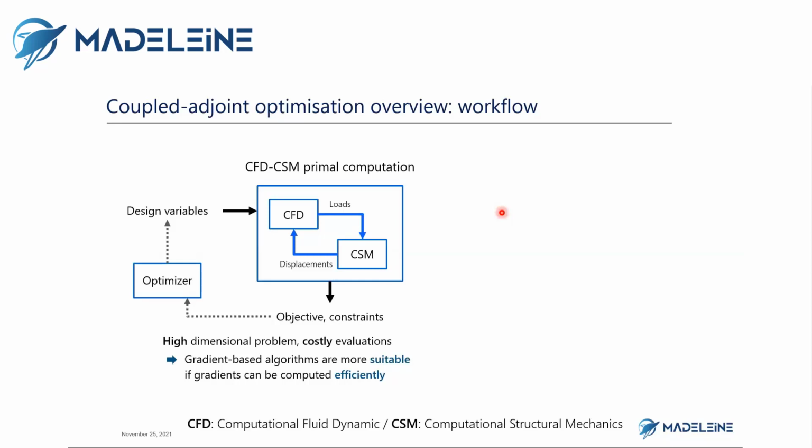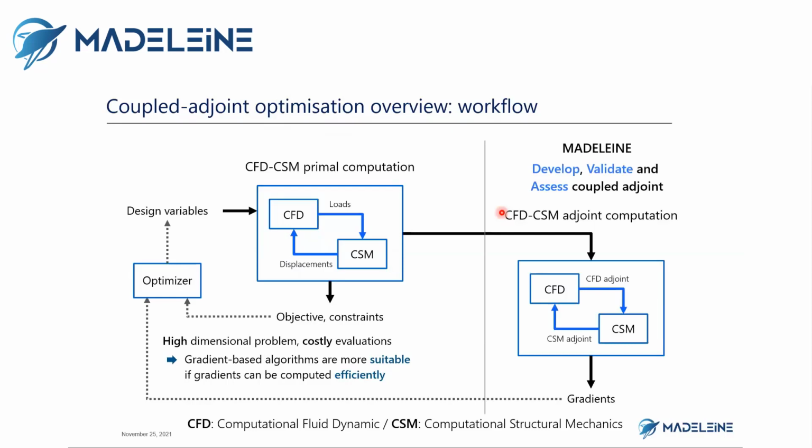So basically the coupling here is the aerostructural coupling, so we rely on both CFD and CSM solvers to derive objective functions and constraints. And the whole purpose of the Madeleine project was that, because we are targeting high-dimensional problems with costly models, we need to rely on gradient-based optimization computed with adjoint.